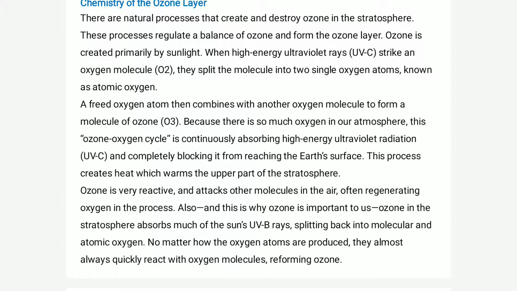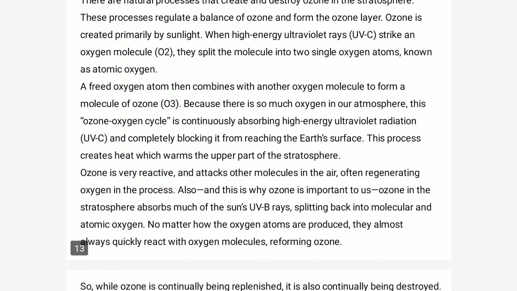Ozone is very reactive and attacks other molecules in the air, often regenerating oxygen in the process. Also, and this is why ozone is important to us, ozone in the stratosphere absorbs much of the sun's UV rays, especially UVB rays, splitting back into molecular and atomic oxygen.